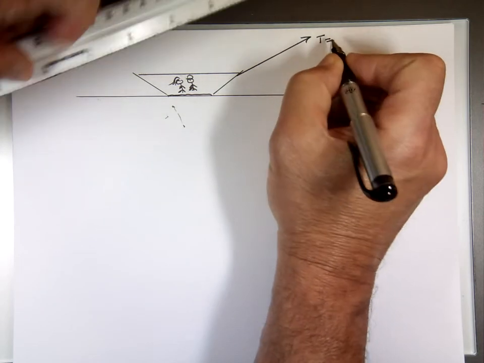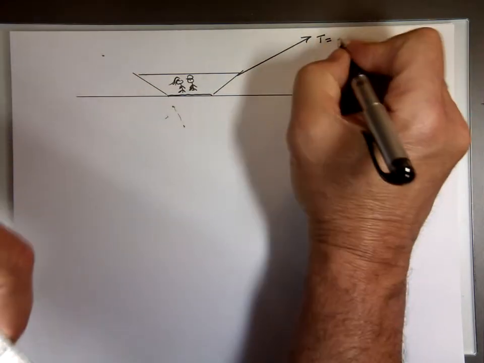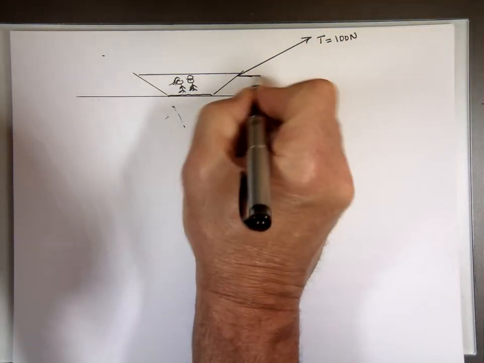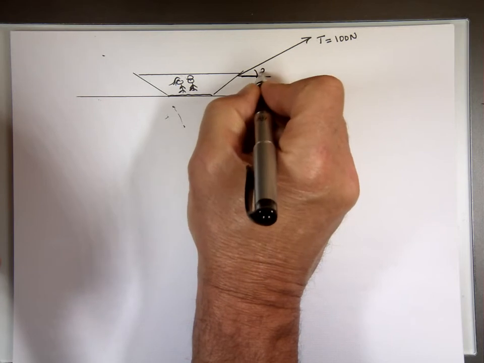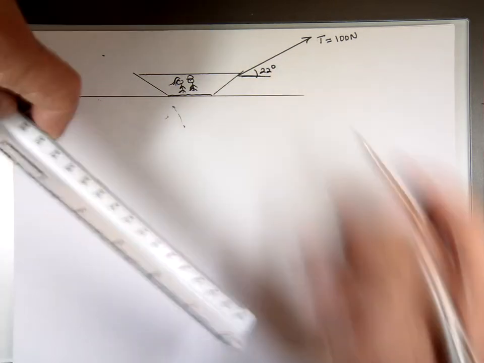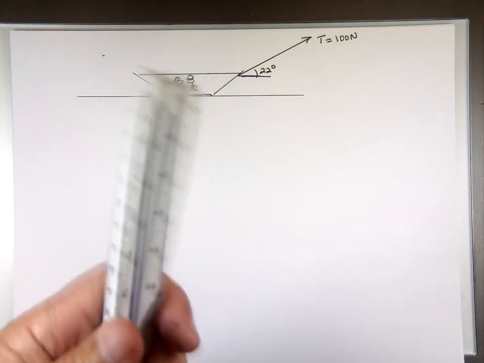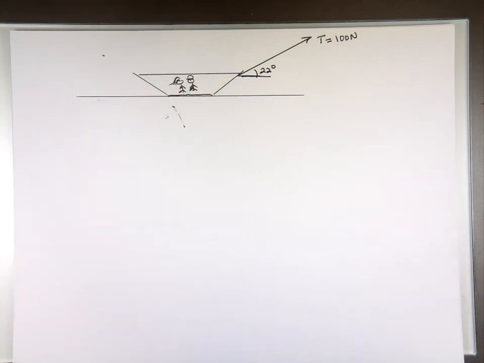We'll say 100 Newton. And the angle that you are pulling with is 22 degrees. So let's find the tension in that string or in the rope there, and let's find the acceleration.